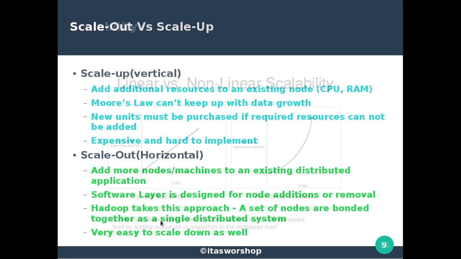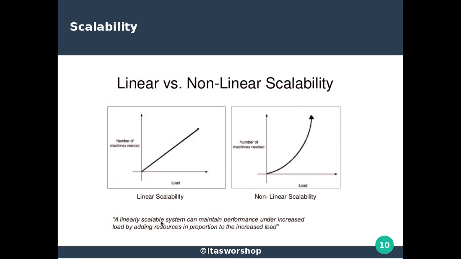If we talk about scalability, you can consider linear scalability the ideal case. You can consider scalability using this graph between load and number of machines needed. So we have the number of machines needed, and this is the computation requirement or load requirement for the system.